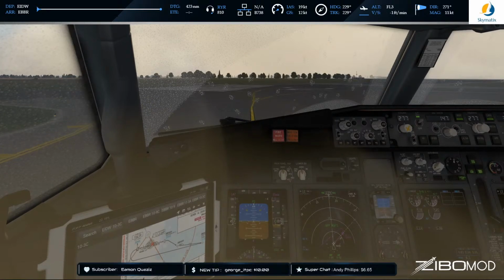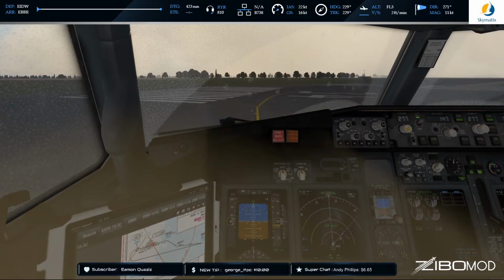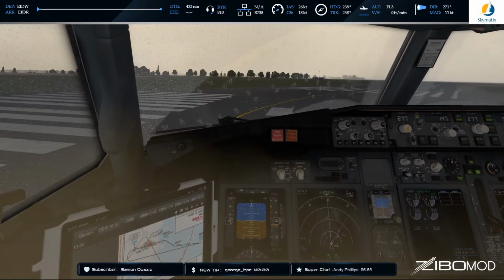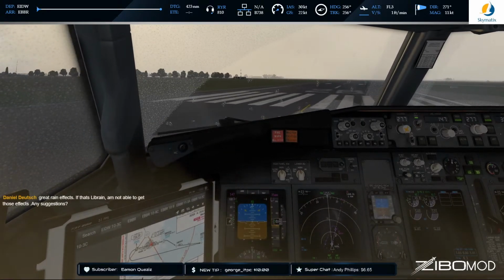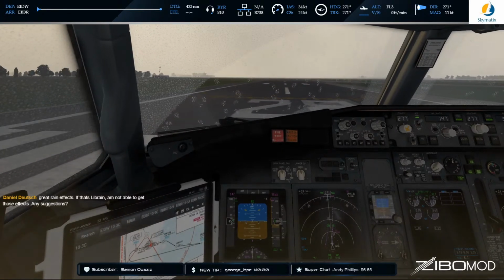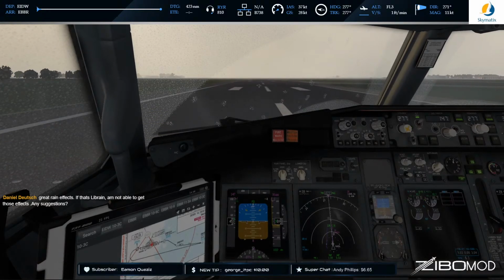Approaching runway. On runway 28. Get semi-straight and go.